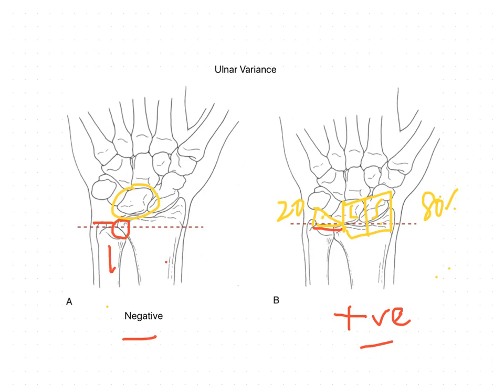It has capsular attachments and ligaments which have a very important role in the function. But the midcarpal joint is also associated with the same kind of ligaments and capsular attachments. So after studying the midcarpal joint, we can study these ligaments and capsule together.